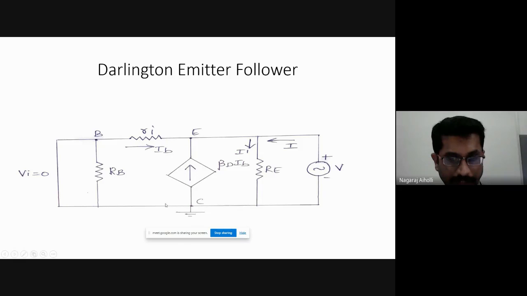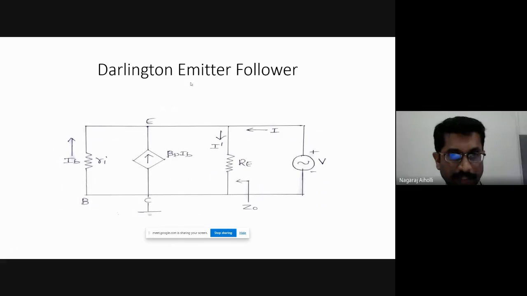Emitter is connected here. Between emitter and base comes RI. Just look at this circuit. This is emitter on one side and here we have the base. RI will be in between emitter and base. Then what about beta DIB?